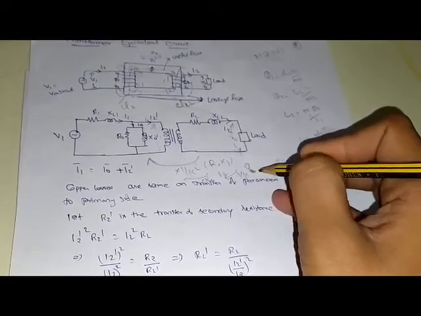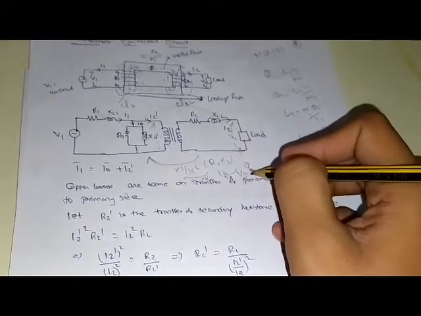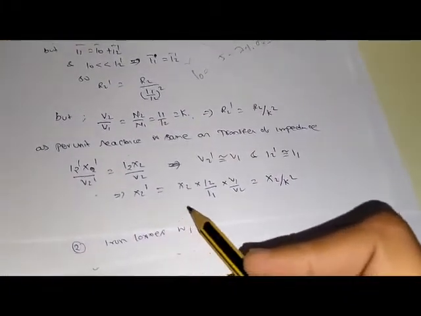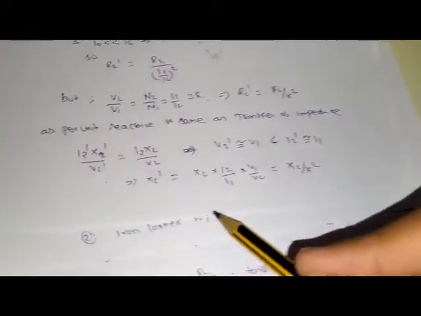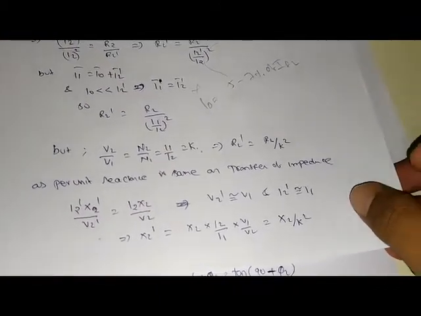If I transfer V from this side to this side, I am dividing with K; the other way, it should be multiplied with K. Hope you understood. So finally we get X2 dash is X2 by K square, R2 dash is R2 by K square.